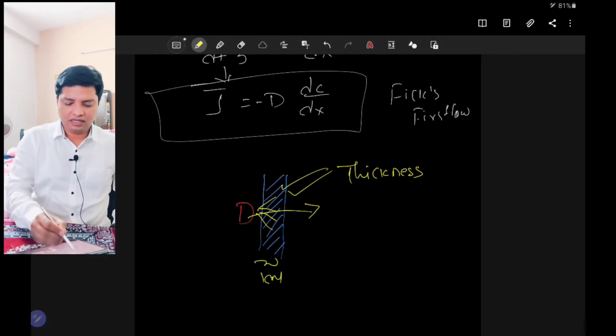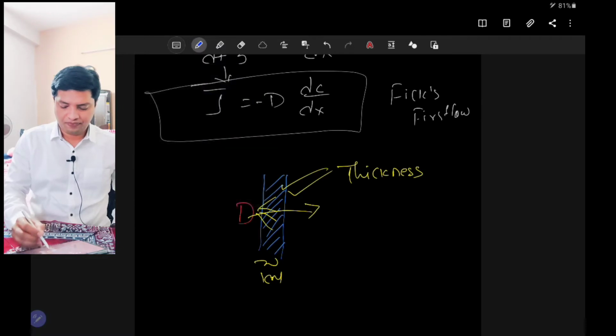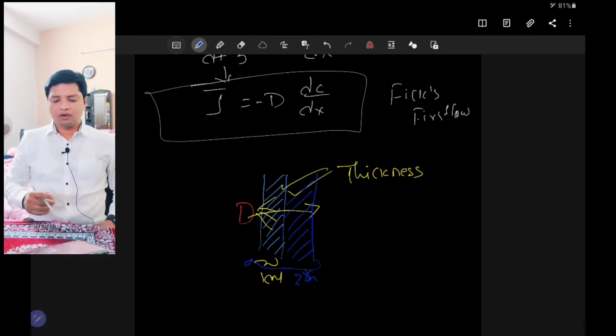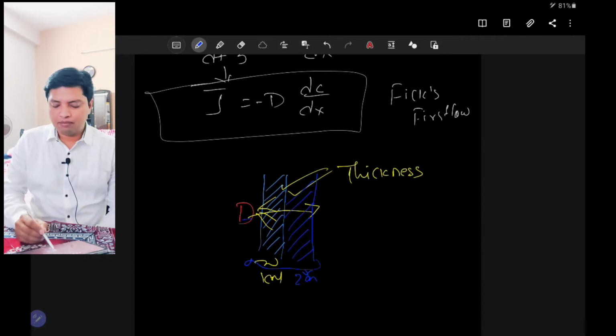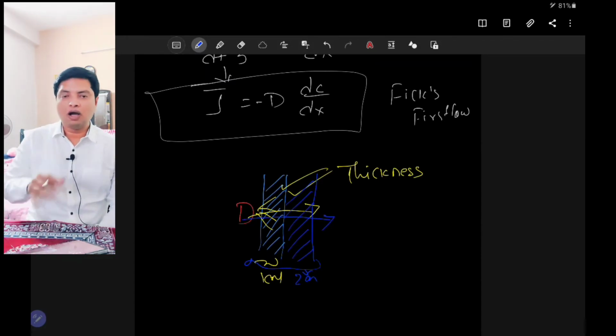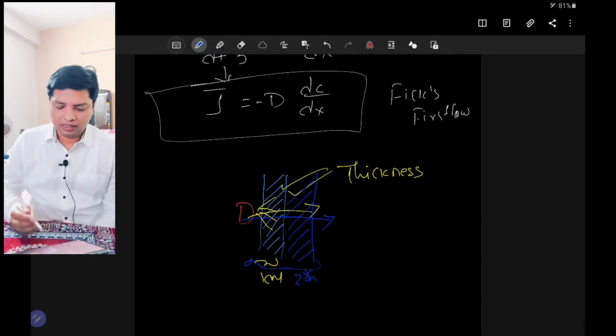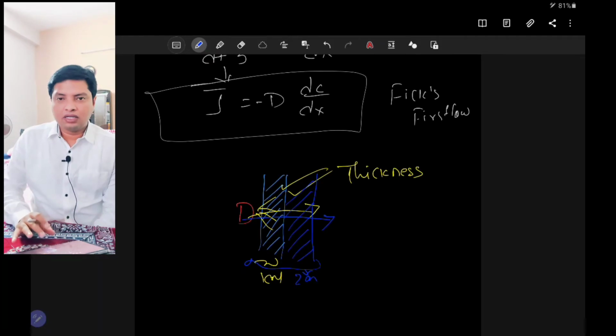If I increase the thickness to 2 centimeters, the drug will take more time to travel and come out. This is how I control the release of the drug, by controlling the thickness of the polymer.